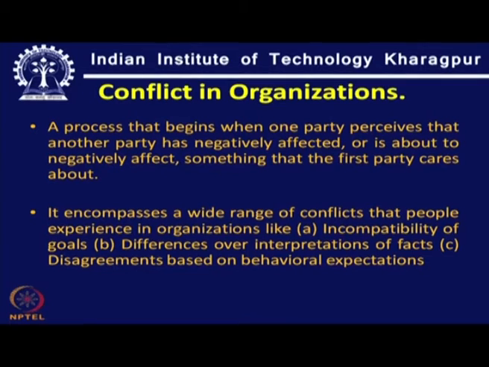So, if something is very precious to a person, and I want to achieve that goal, and I feel that the presence of another person or another party or another group is going to provide a barrier to that, is negatively affecting the goal, is blocking my approach to that goal or object, then we feel there is a conflict.